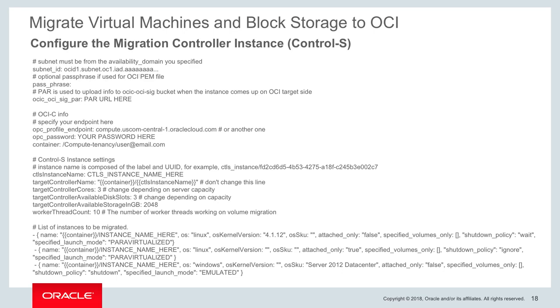If your OCI PEM file has a passphrase, you specify the passphrase here, and you also specify the PAR URL for the OCI_OCI sig bucket that you created in the OCI object storage compartment. And you now see that you also have to specify the OCIC information, which is the username and the password, and the profile endpoint.